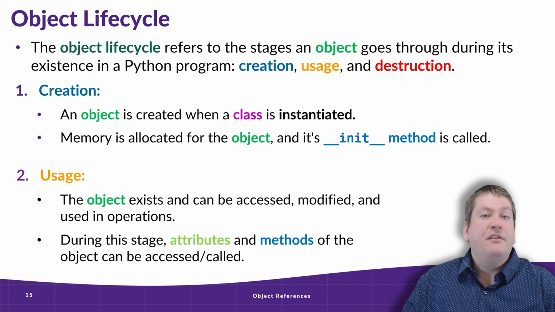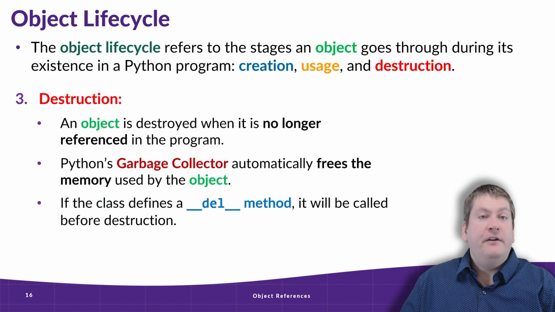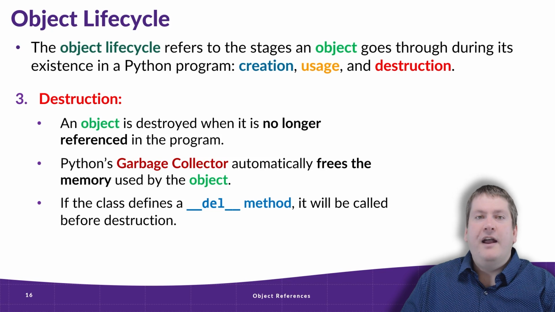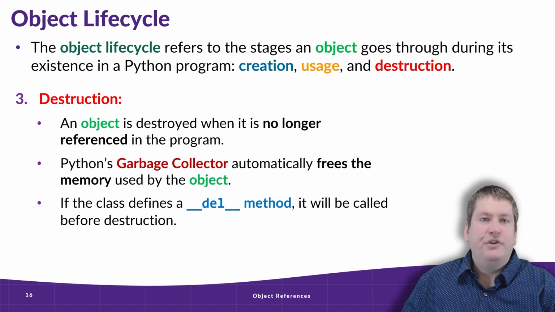After that, it enters the usage stage. And this is where the object exists and can be accessed, modified, and we can call methods on it and so on. During this stage, attributes and methods of the object can be accessed and called. And the final stage is destruction. This occurs when an object no longer has any references to it in the program. That means there's no variables that reference or point to this object.